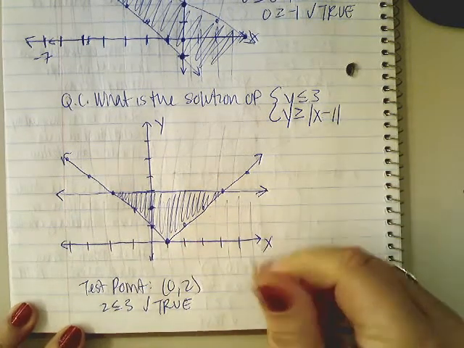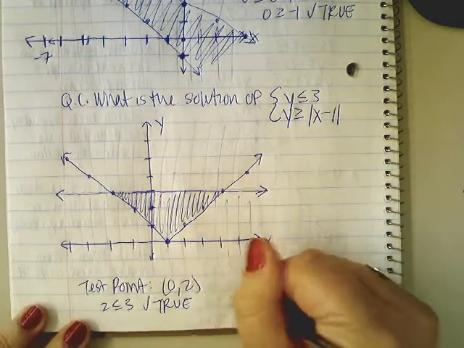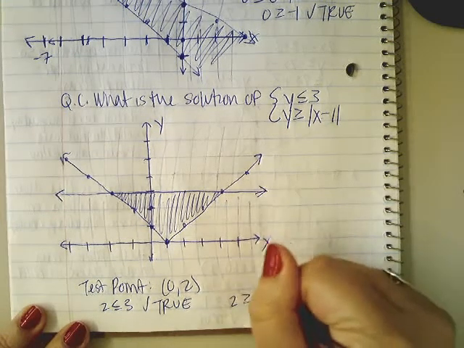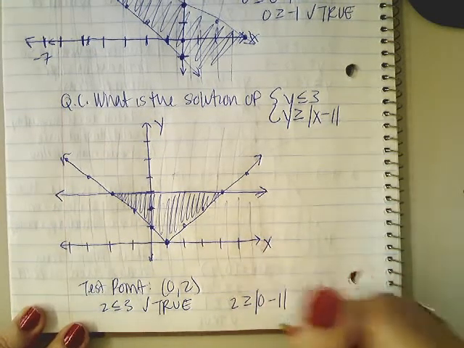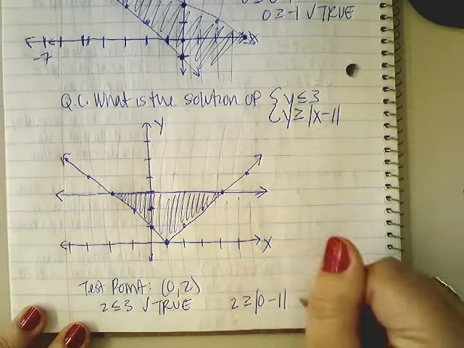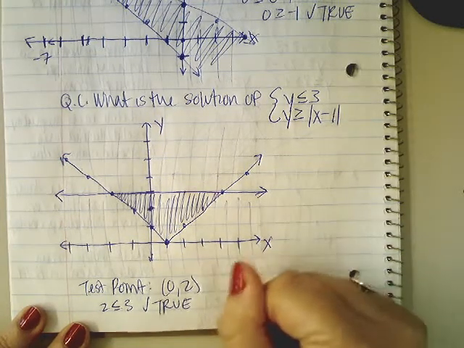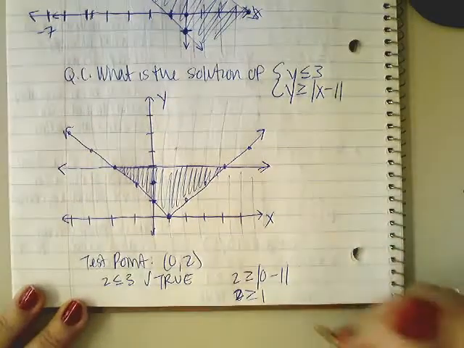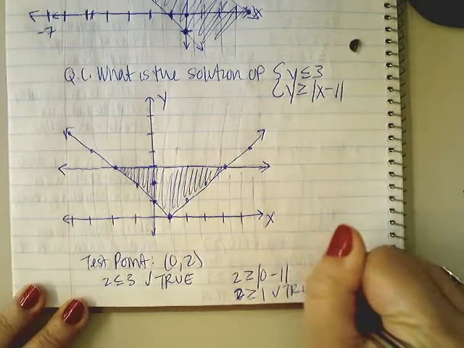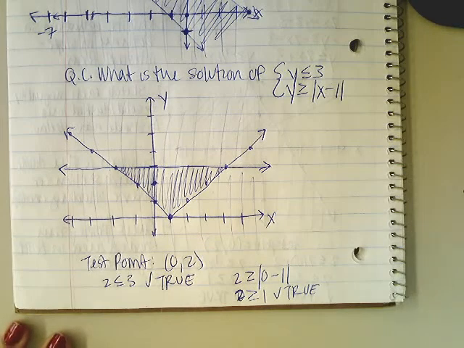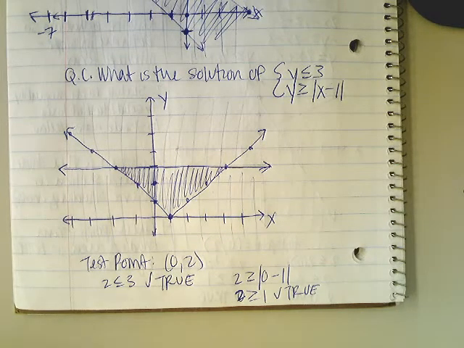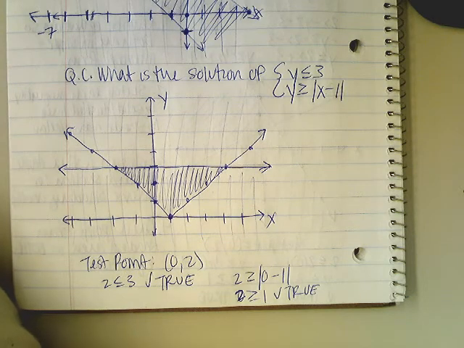If I plug it into my second one, I plug in 2 for y: 2 is greater than or equal to the absolute value of 0 minus 1. 0 minus 1 would be negative 1, and the absolute value of negative 1 is just 1, so 2 is greater than or equal to 1. That is again true. So both of those prove true. I've solved it correctly. All right, make sure you write down any questions, comments, concerns you have on this so we can go over it together in class.